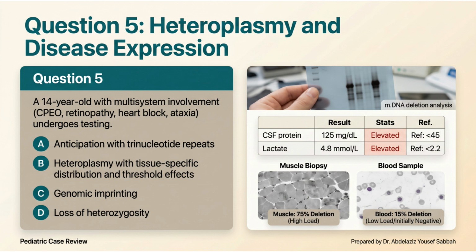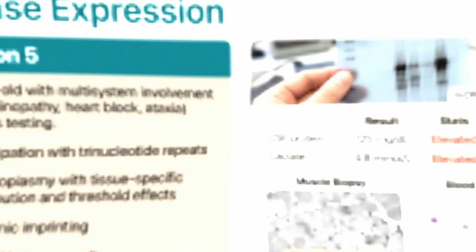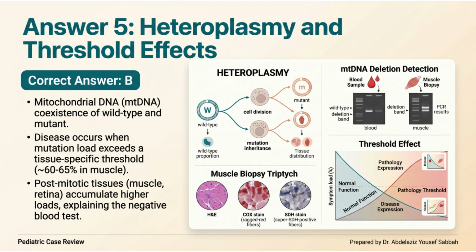A muscle biopsy shows a 75% deletion load, while a blood sample shows only 15%. Which concept best explains this pattern? Option A, anticipation with trinucleotide repeats. Option B, heteroplasmy with tissue-specific distribution and threshold effects. Option C, genomic imprinting. Option D, loss of heterozygosity. The correct answer is option B.